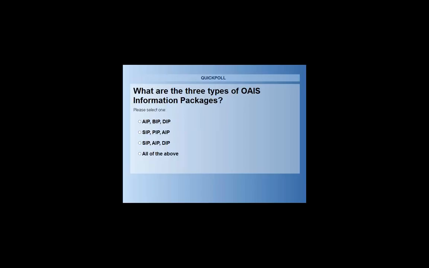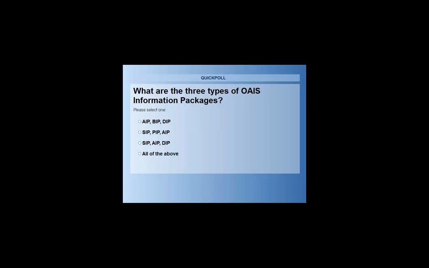SIPs, AIPs, DIPs. The S in SIP stands for submission. The A in AIP stands for archival. And the D in DIP stands for dissemination. So don't forget, use the word SAD, and it'll help you remember the packets and the order that they go in.